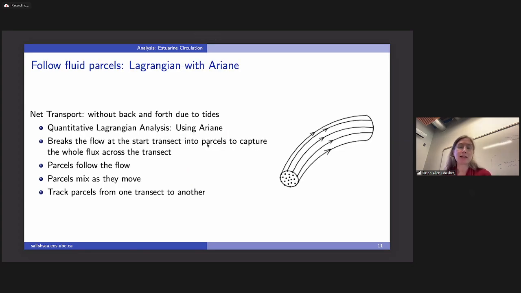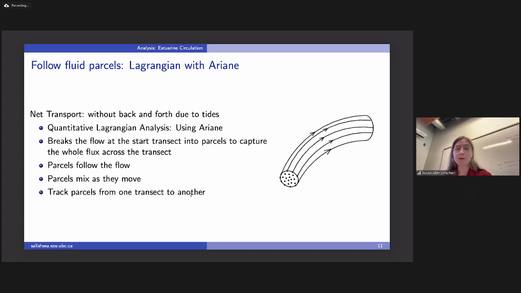So a different way of doing that is we're going to actually follow fluid parcels using Ariane. Ariane is a Lagrangian tool that actually allows you to be quantitative. So it takes all the flow going through a transect and breaks it into parcels and tracks those parcels until they reach the edge of the region, back to the same transect or into another transect.